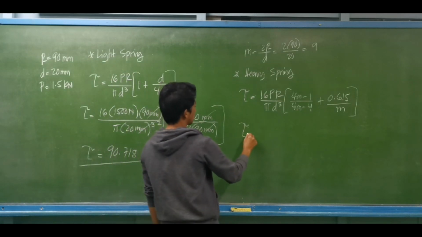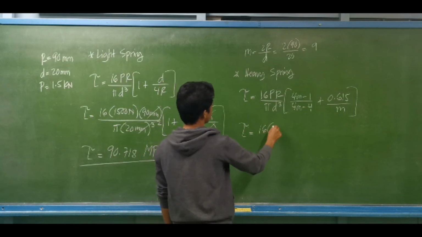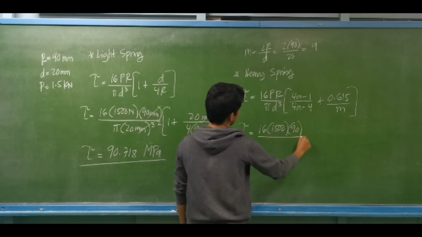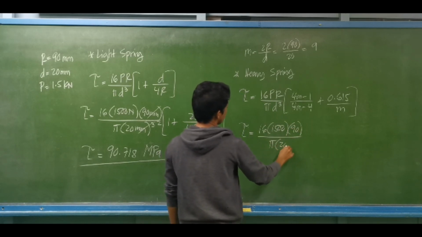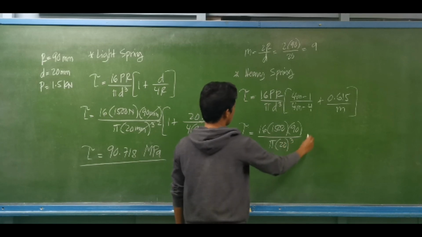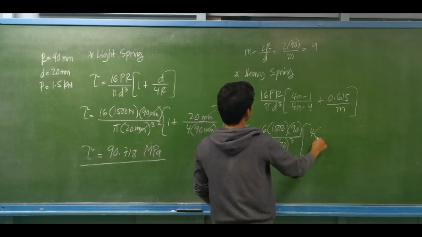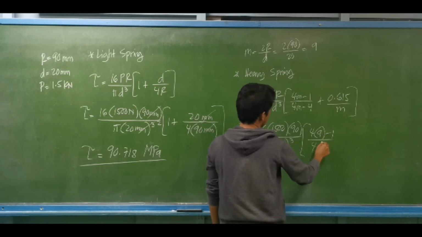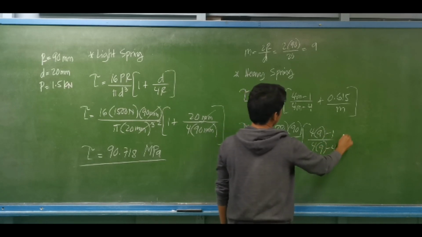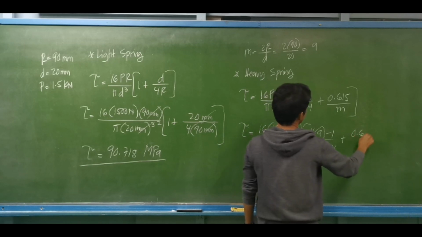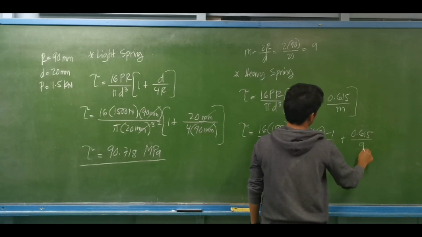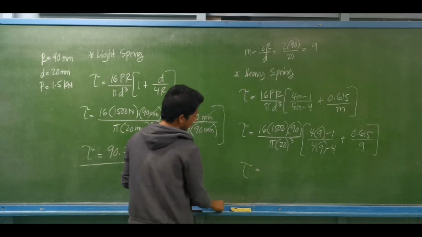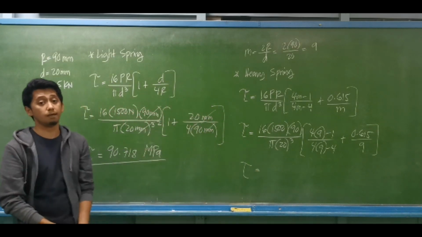We have now the shearing stress equal to 16 times 1,500, the radius is 90, divided by pi, the diameter of the wire is 20, multiplied by 4 times 9 minus 1, divided by 4 times 9 minus 4, plus 0.615 divided by 9. Computing for the shearing stress, considering it is a heavy spring.